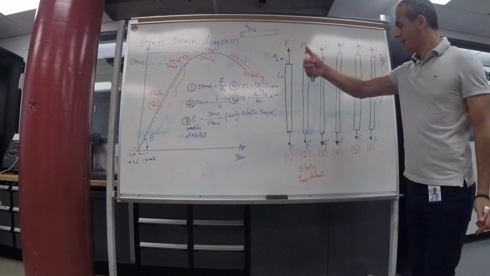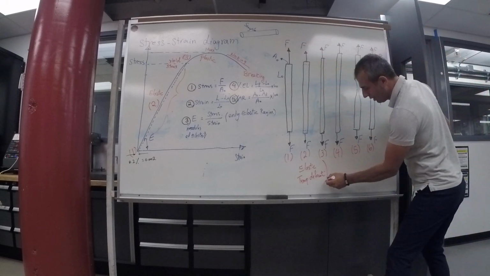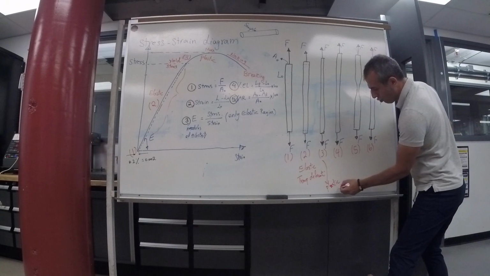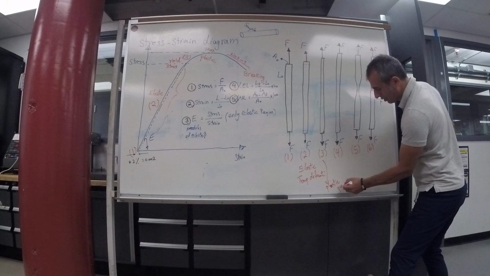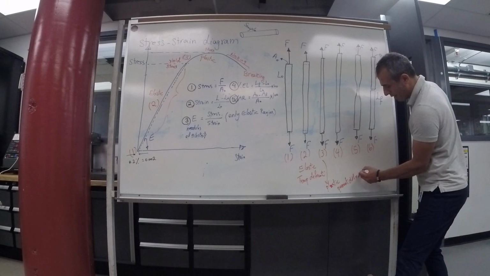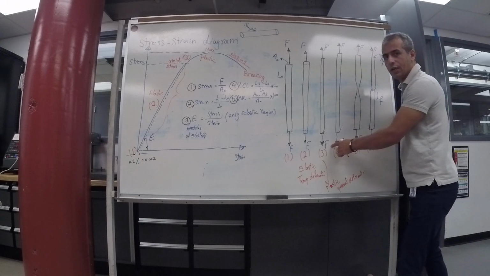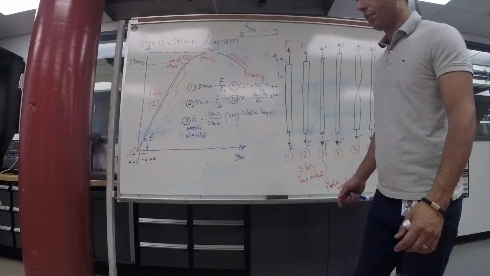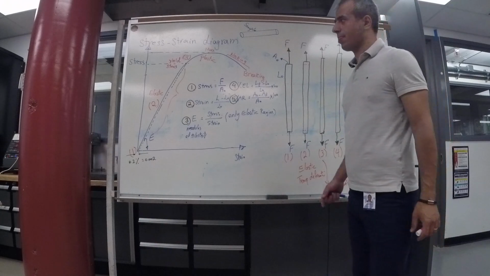At number 3, we enter the plastic region, or permanent deformation. If I remove the force here, the length won't come back to the original. Everything is permanent. The length has already changed.